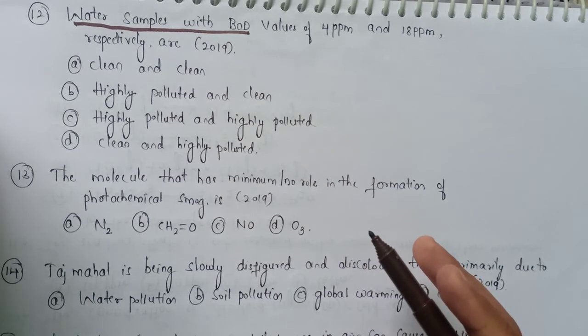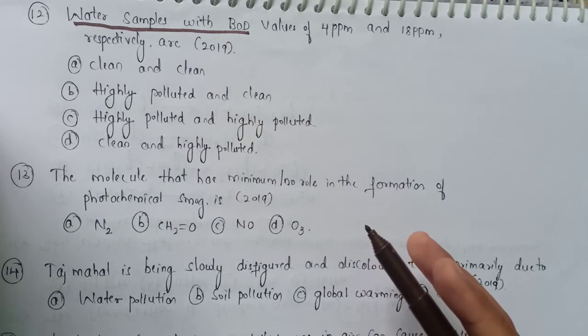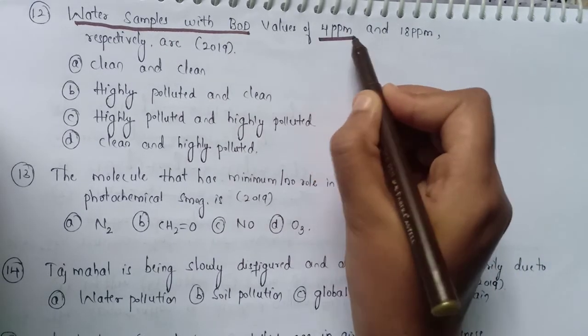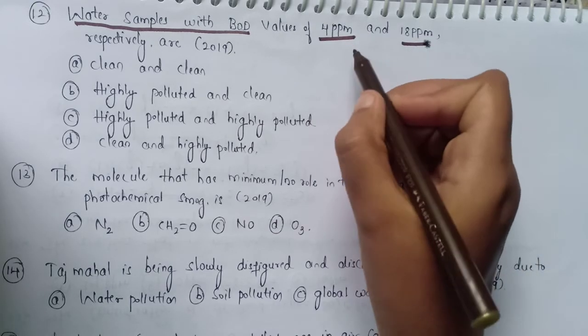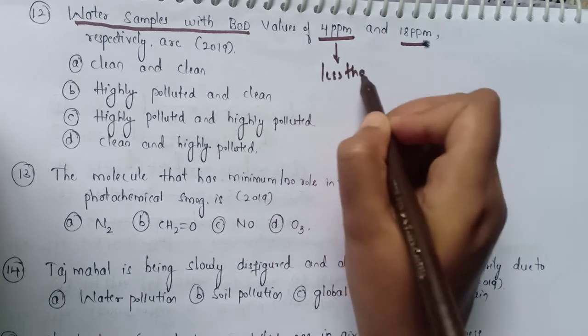Here, clean water would have BOD values of less than 5 parts per million, whereas highly polluted water will have BOD values of greater than 17 parts per million. So they have given 4 ppm and 18 ppm. For clean water, the BOD value is less than 5.